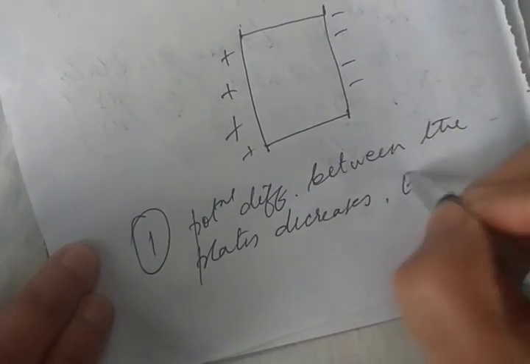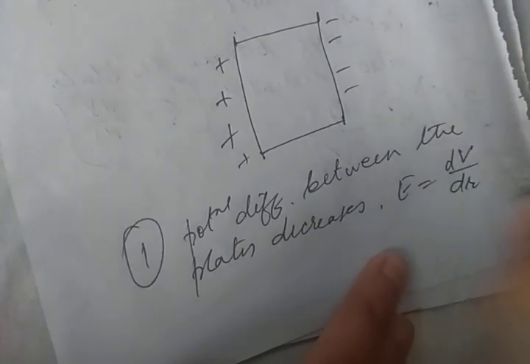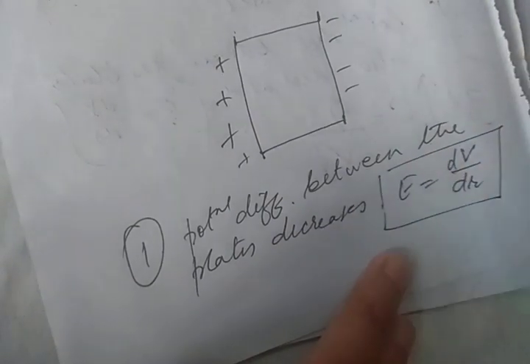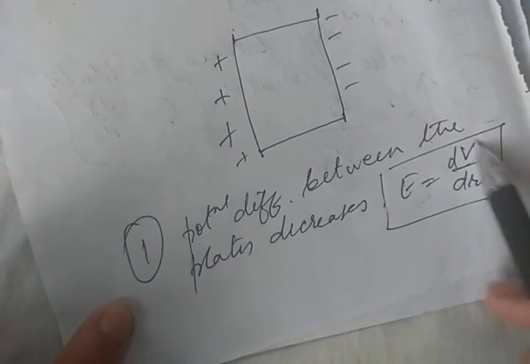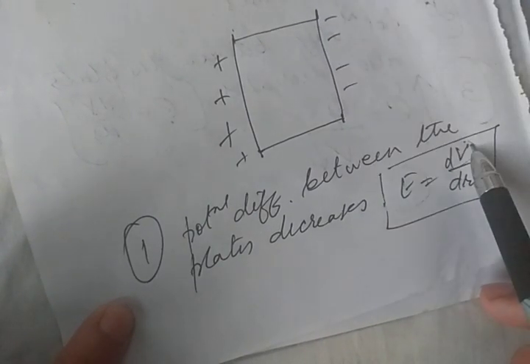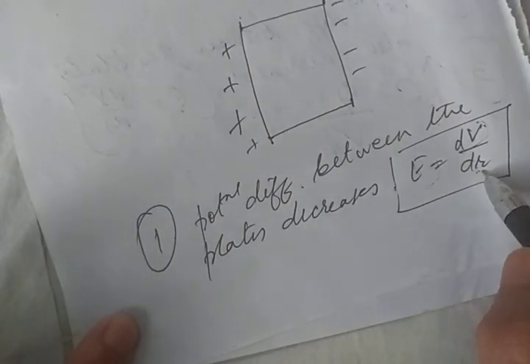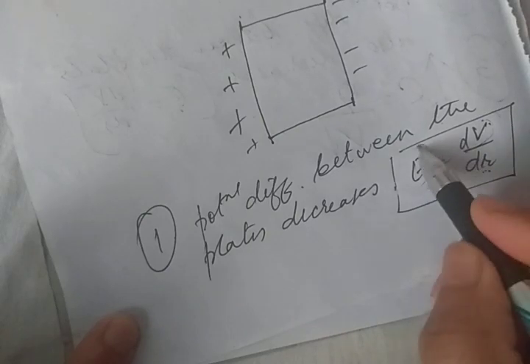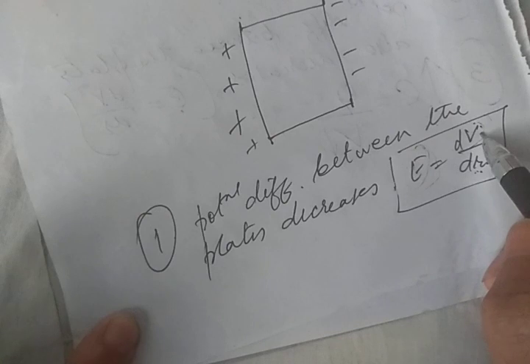Because we know the electric field is the gradient of the potential. I'm neglecting the negative sign for now. Since E decreases, the potential difference between the two plates decreases. Now dr, mind you, is the distance. You can call this the distance between the two plates. So when the electric field decreases, the distance between the two plates is not changing, but the potential difference between the two plates decreases.